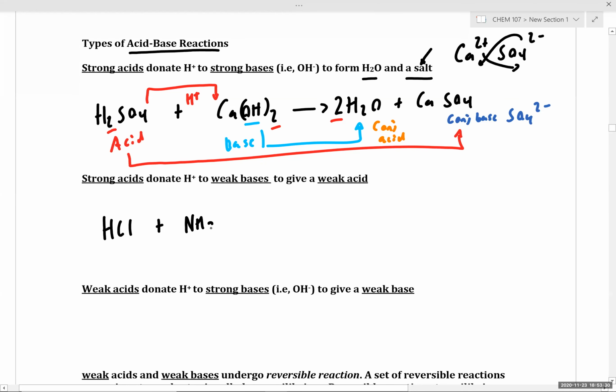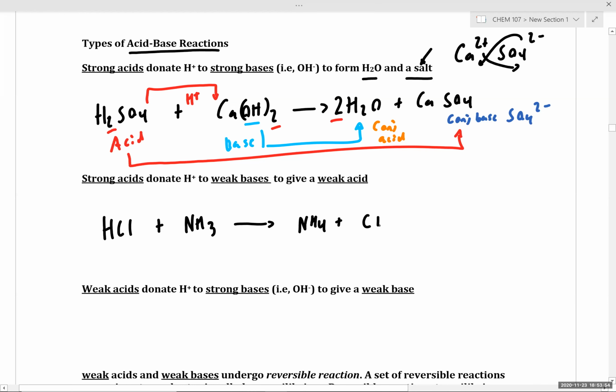I'd like you just to remember the amine functionality. It's a hallmark of weak bases that you'll see commonly in this class. There are others, such as the conjugate base of a strong acid, but ammonia is a pretty nice go-to. So strong acids and weak bases will react to give a weak acid and a conjugate base.